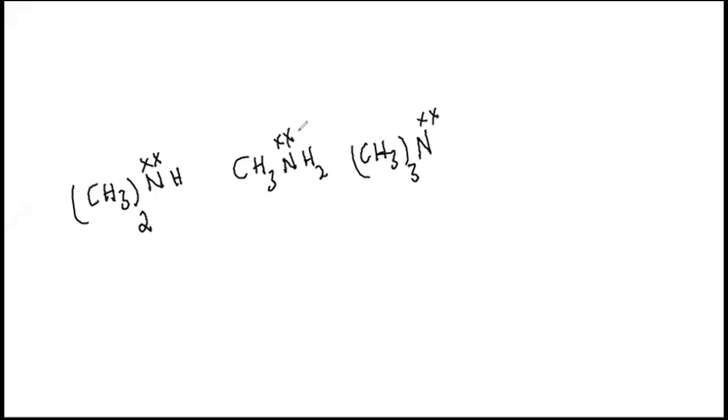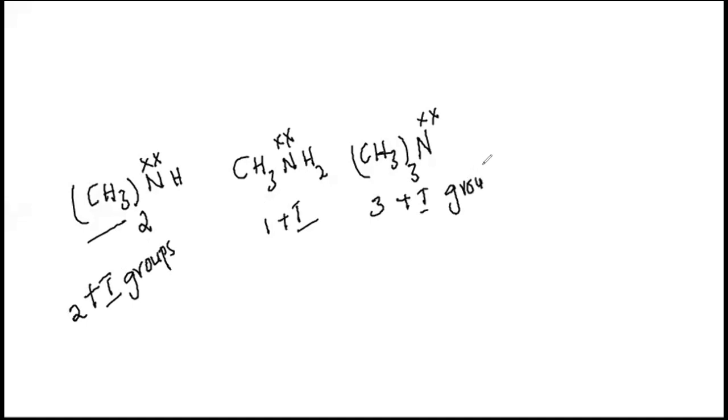How many CH3 groups are there? 2 CH3 groups, means 2 plus I groups. Here 1 plus I group is present. And here, 3 plus I groups. What is this plus I? A positive inductive effect, meaning electron donating groups show a positive inductive effect.